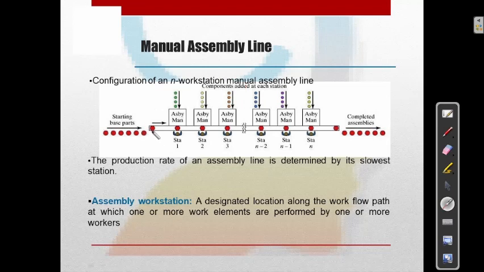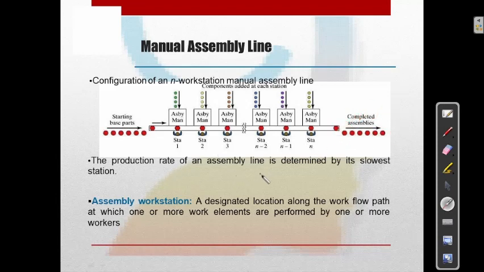For example, in a car manufacturing industry, the body of the car comes on the conveyor. The assembly man is going to fit the door of that car, so the door will come from here. For example, this is the right side door, and it may be the left side door. This is the back side door. These are the assembly works. After completing all the sets of work, it will come out as one product, that is, the completed assembly.